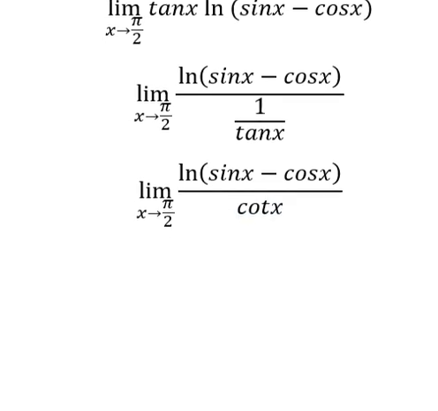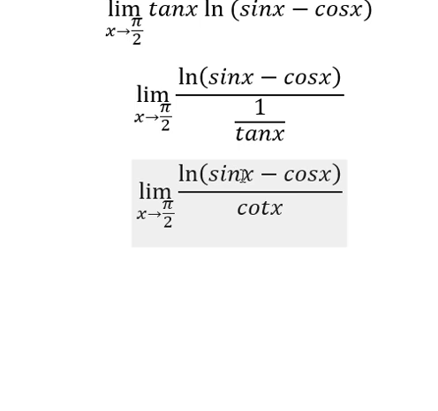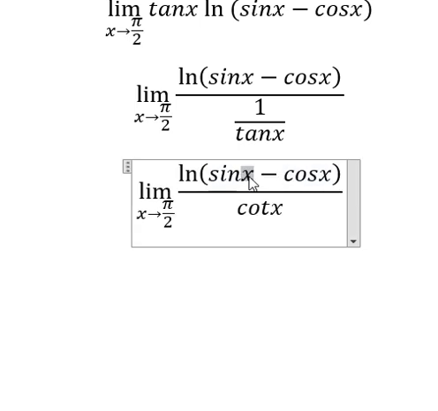So when x approaches pi over 2, this one we have number 1. This one we have number 0. And number 1 over number 0. When x approaches pi over 2, cotangent of pi over 2, we have number 0.